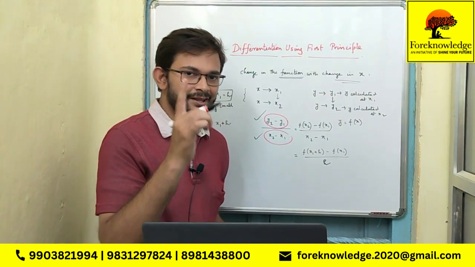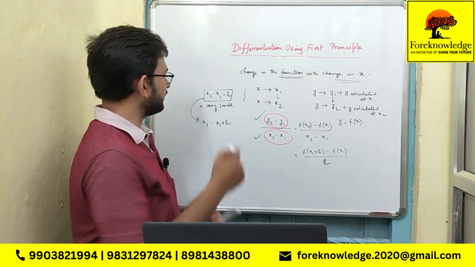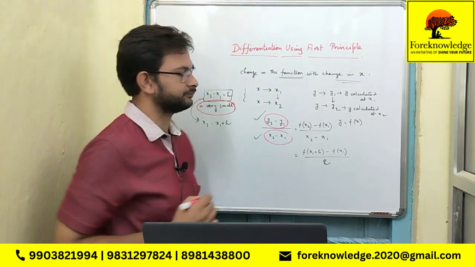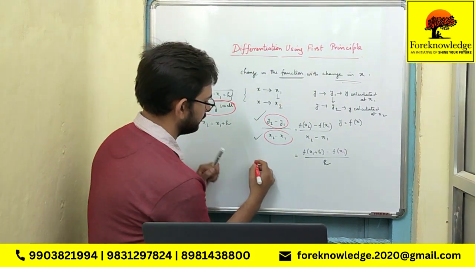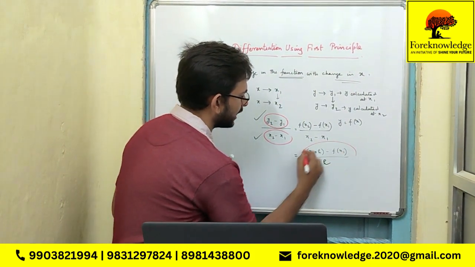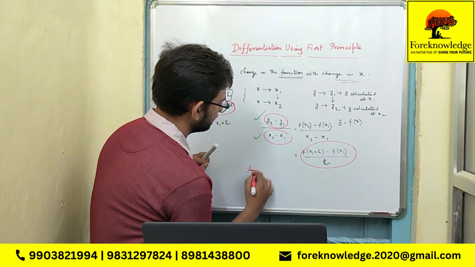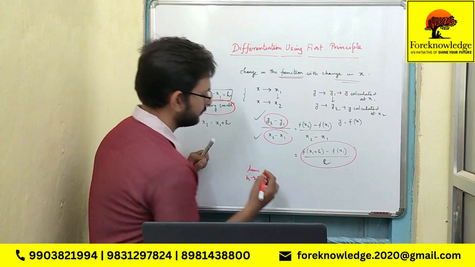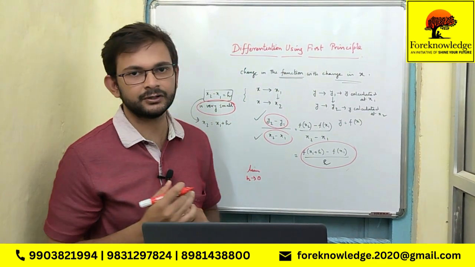And now what was told? It was given that the h is very small. If we are about to calculate this value, then we have to incorporate the limiting condition for h.